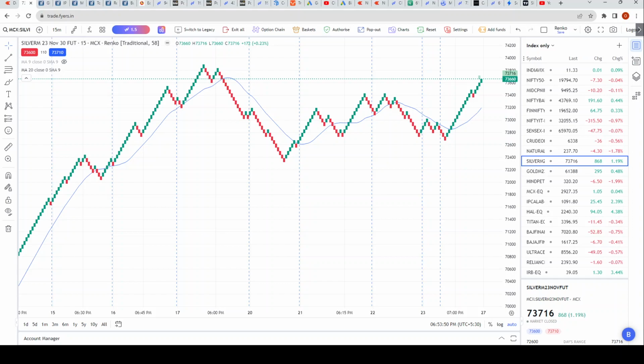And it also repaints, so there's no use getting into all those questions and debates. Simply use the Renko the way I have mentioned over here, for easier understanding of Renko, nothing else. I don't want to be known as an expert on Renko or something like that. This is how Renko works for me, and this is how I think Renko should be used.